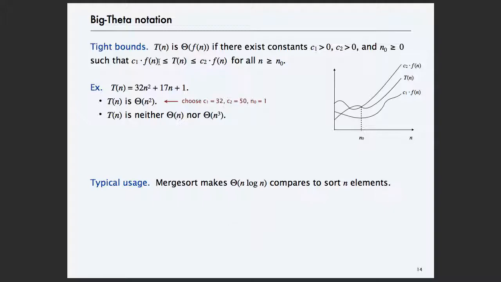And big theta is what we normally want, which is the tight bounds. So you are big O and big omega. You are, to abuse notation, greater than or equal and less than or equal, so you are equal-ish. Does that make sense?